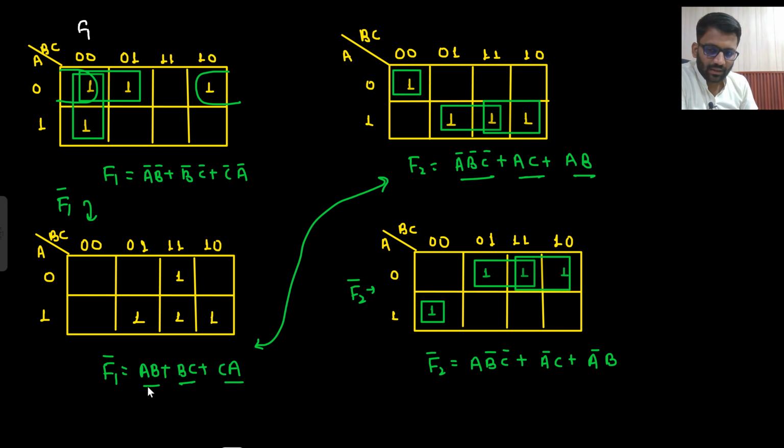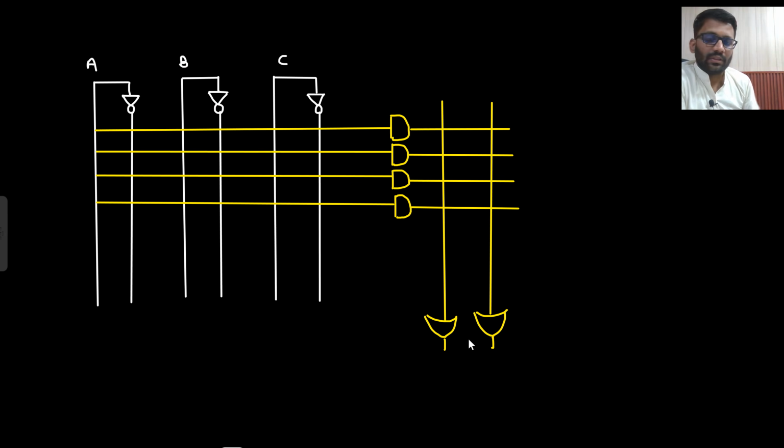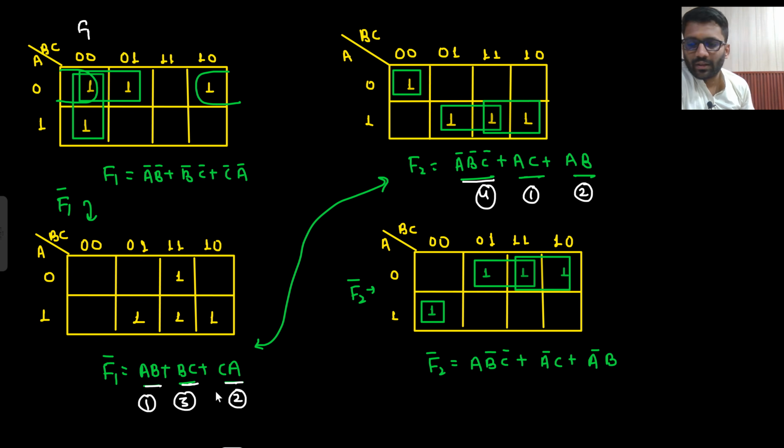What you can see is this relation, right? AC, AB, AB, AC. 2 of these will require 1, 2, 3, 4. So 4 AND gates I will require. So this is how I will make it. What do I need to make?